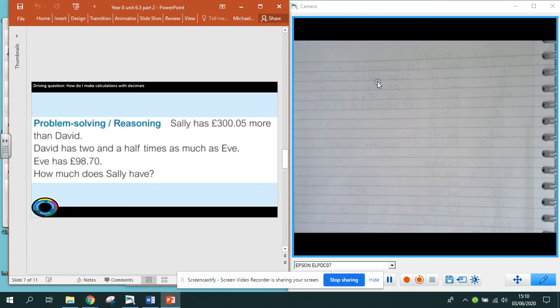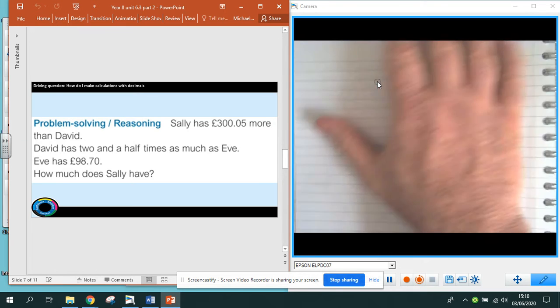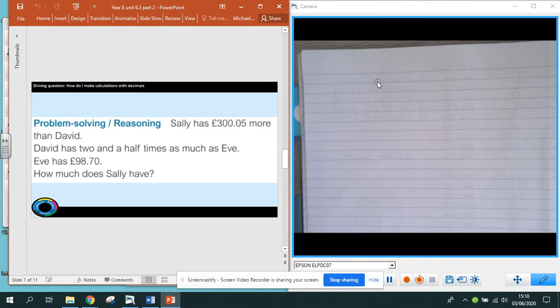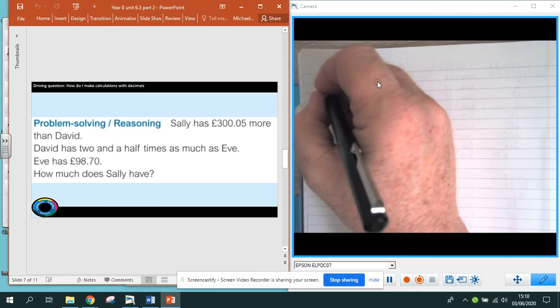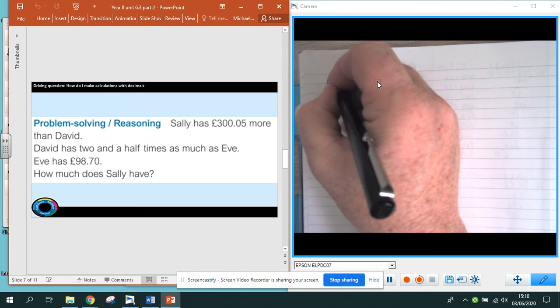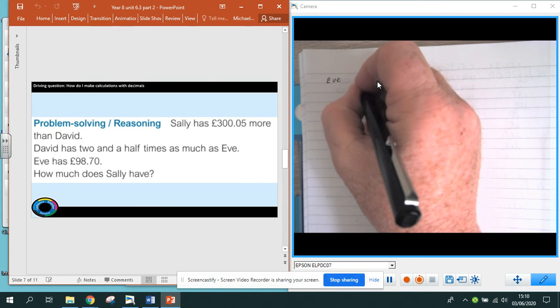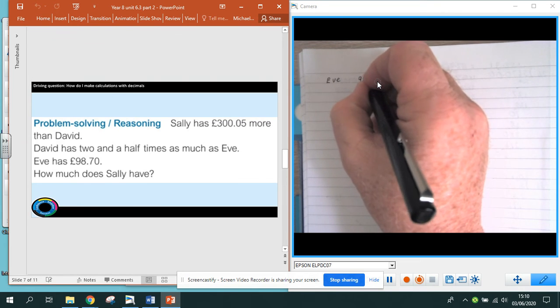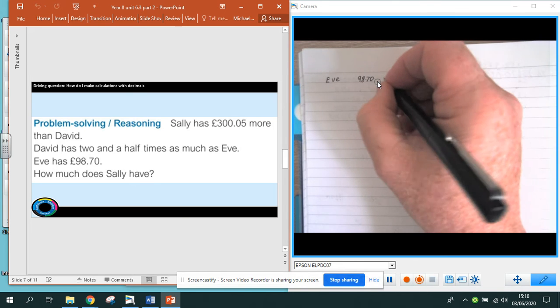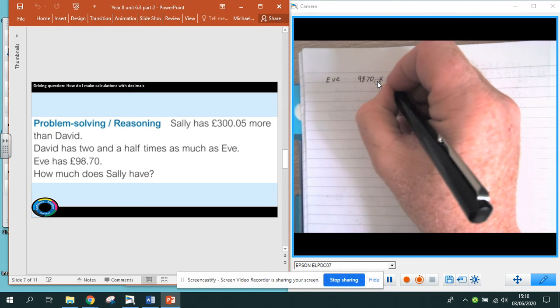So the first thing I have to do is find out how much David has got. So to find out what David has got, I've got to take Eve's money, her £98.70, and multiply it by 2.5.